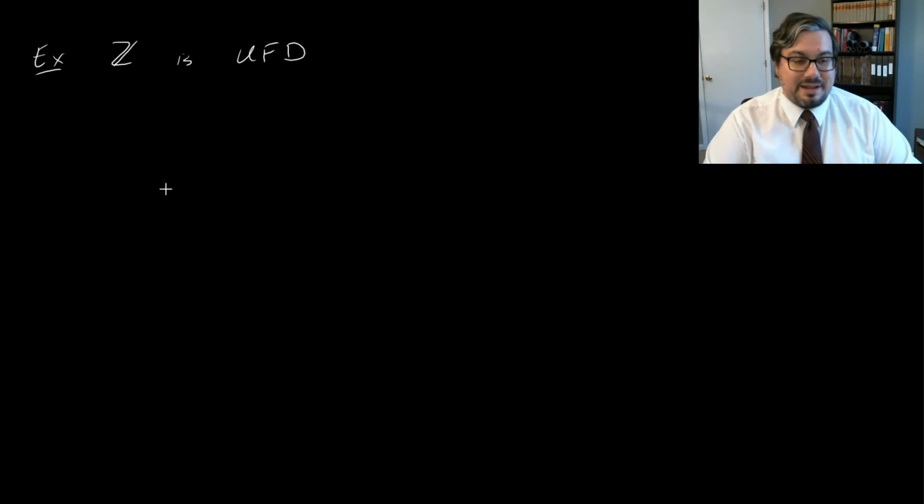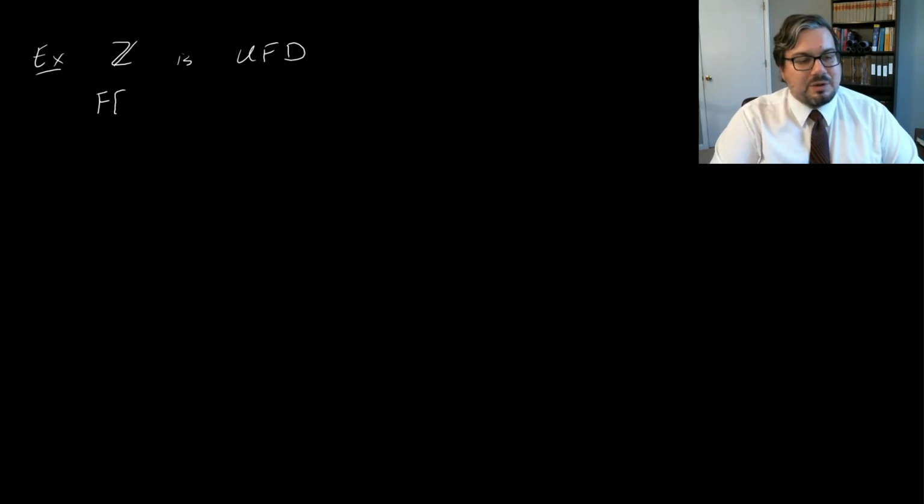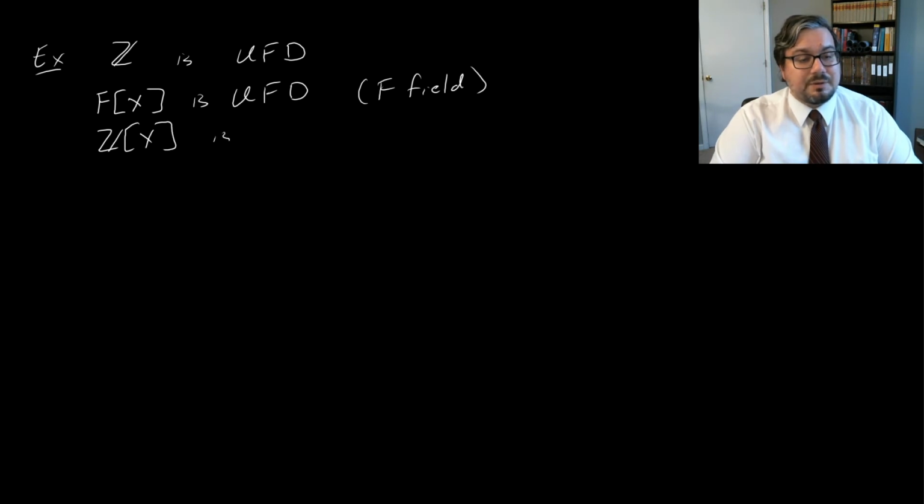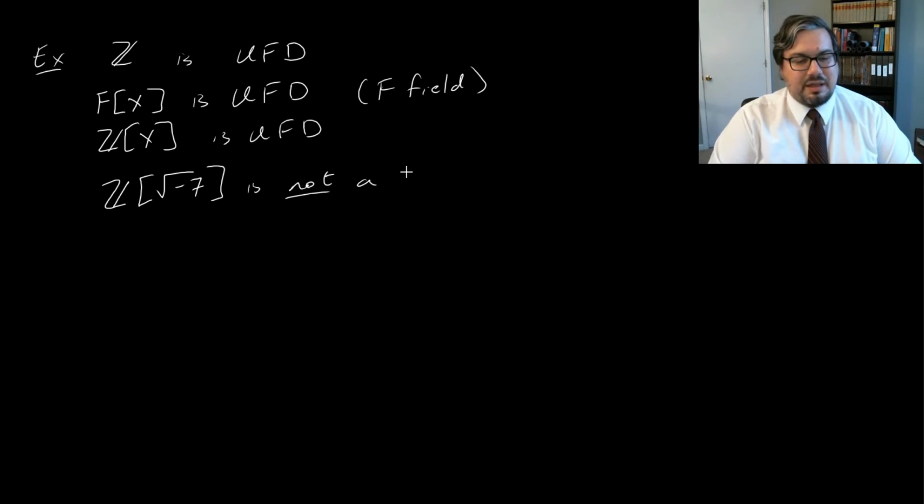So for a few examples, we had that Z is a unique factorization domain, as just mentioned. We will see in a while that F[x] is a UFD for any field. In fact, Z[x] is also a UFD. We have that Z[√-7] is not a UFD.